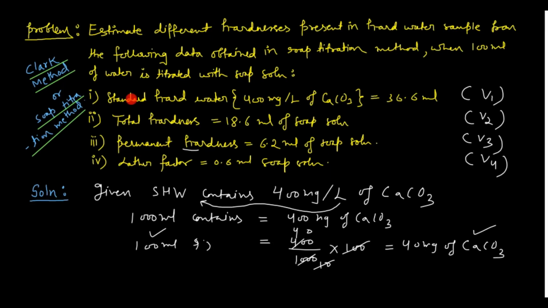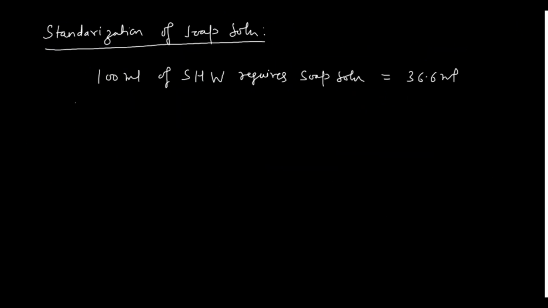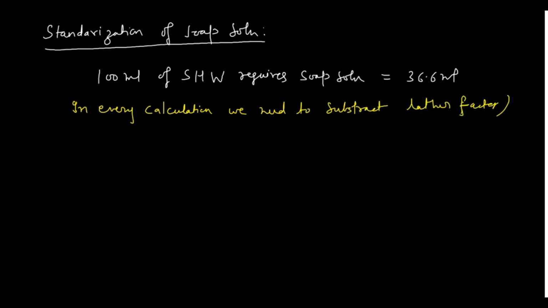Here, standard hard water, right? It requires 36.6 ml. Okay, and now one thing which you should remember always, in every determination or calculation, we need to subtract the lather factor. Okay, this is something very, very important which you need to know.